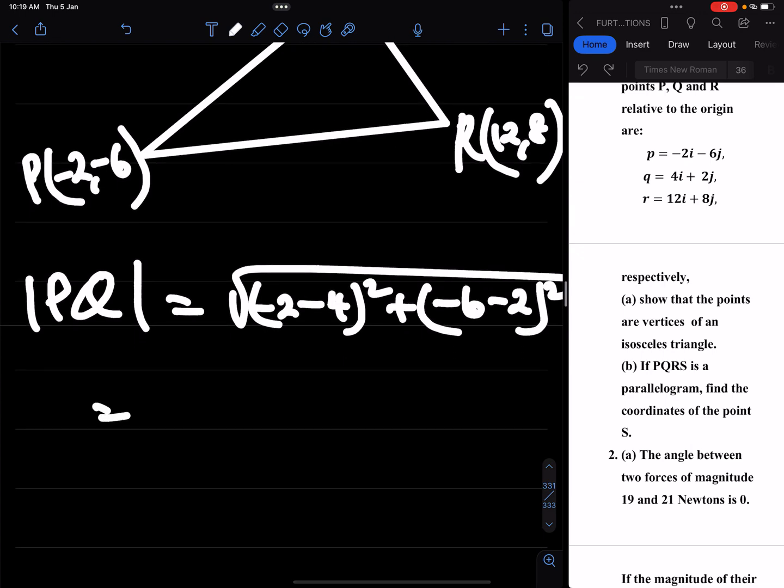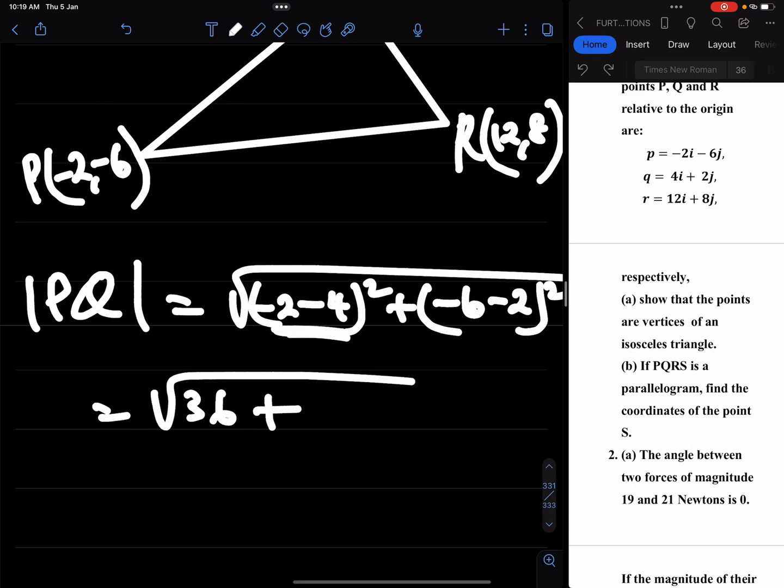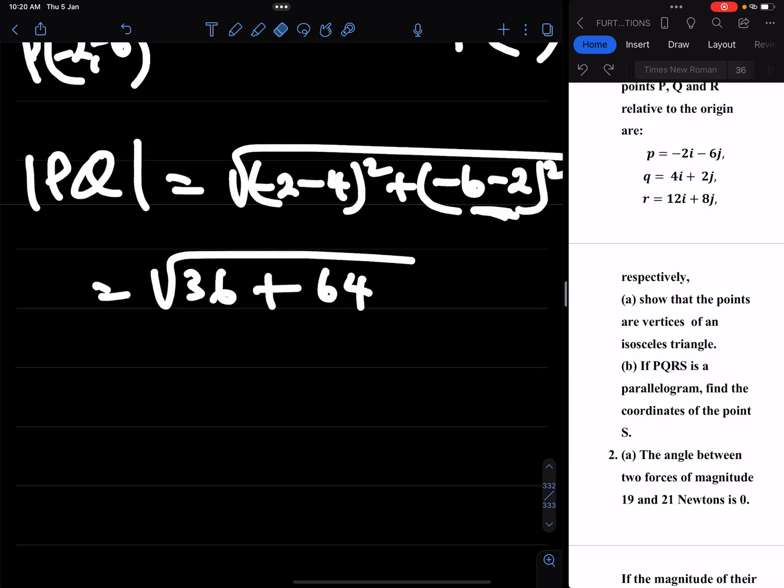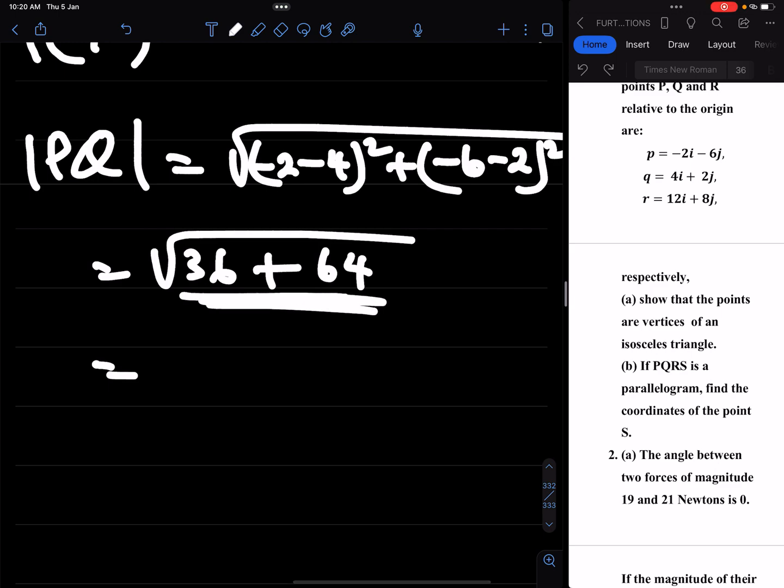Minus 2 minus 4 is minus 6, and minus 6 squared is 36. Minus 6 minus 2 is minus 8, and the square of minus 8 is 64. The square root of 36 plus 64 is the square root of 100, which is 10. So length PQ is 10 units.